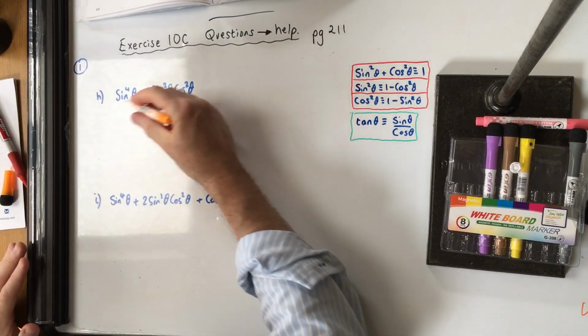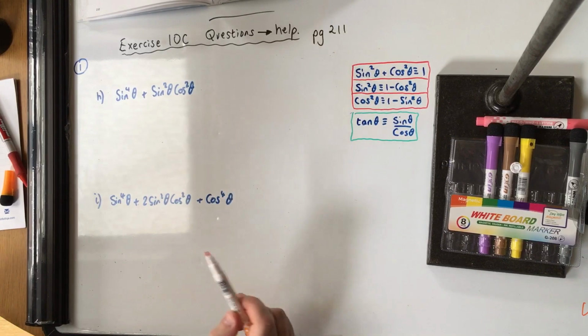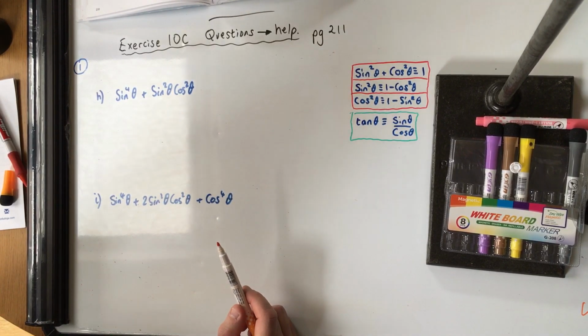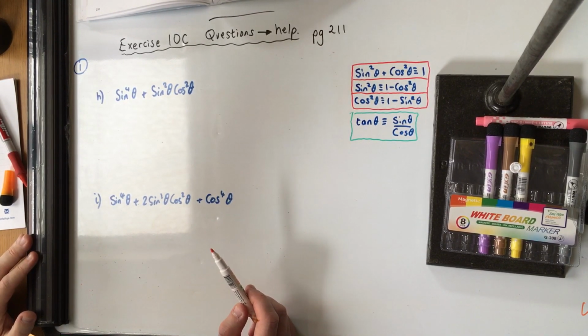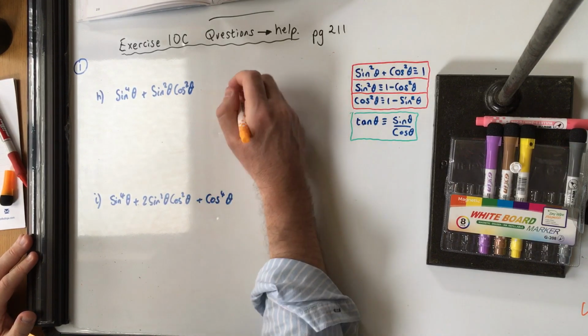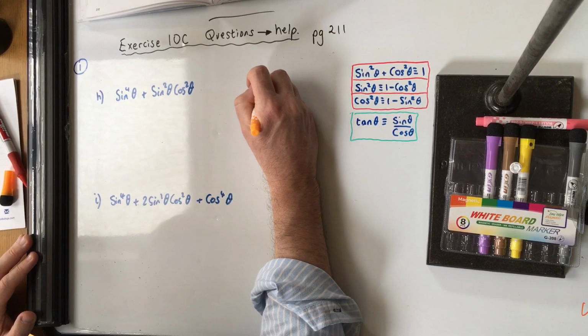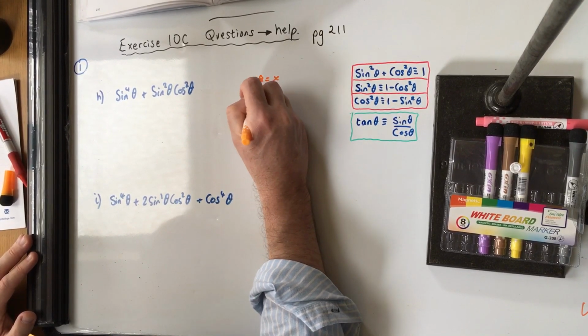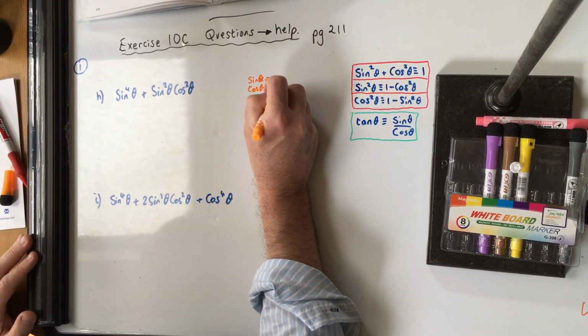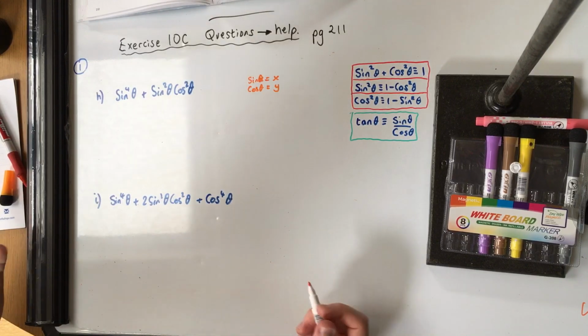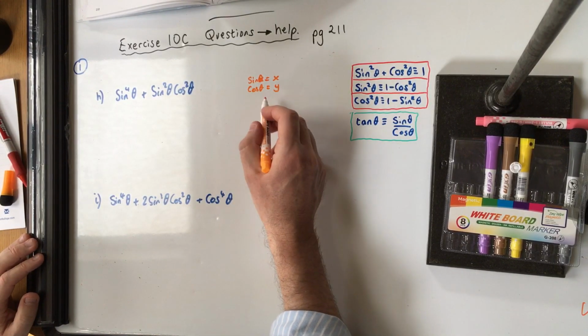Okay, this one here, looking at that one might confuse you first of all, and it's just experience that allows me to do this one quickly. If we went sine theta and called that x, and cos theta and called that y, it's a lot easier. You'd probably spot it.